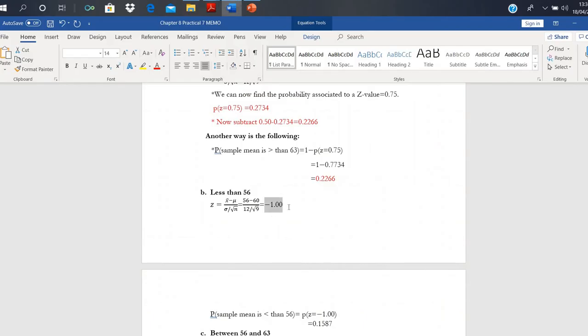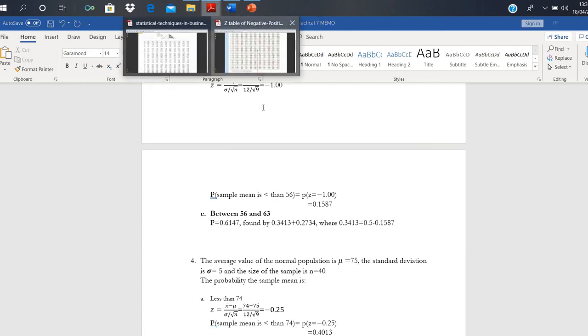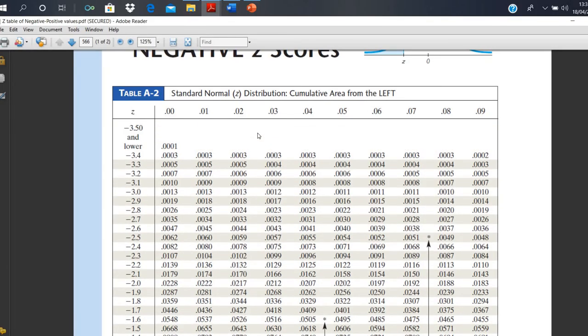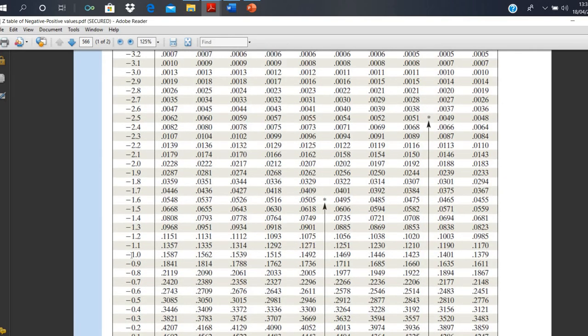So here we have found that the probability is the probability associated to a Z value of minus 1.0. So now we need to find the probability that the sample mean will be less than 56. This is straightforward, we just take the probability associated to a Z value of minus 1. So that's what we are saying here, that the probability that the sample mean will be less than 56 is the probability of Z being equal to minus 1.0. And if we go to this table, where you have negative Z scores, you scroll down, you see you have minus 1.